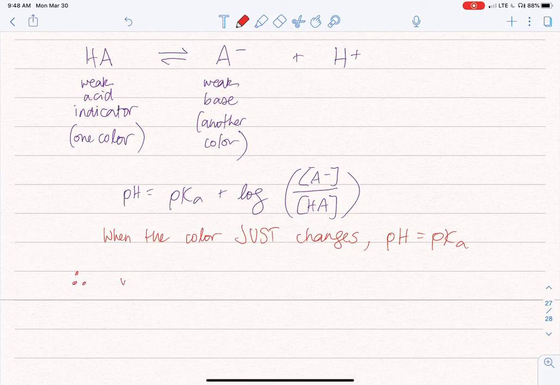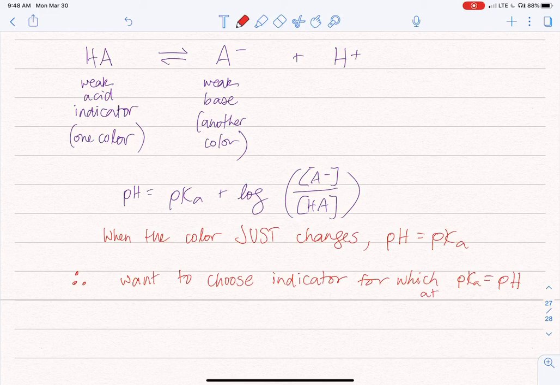Therefore, you want to choose an indicator for which the pKa equals the pH at what we call the equivalence point. We'll talk about that a little bit more in the next lecture.